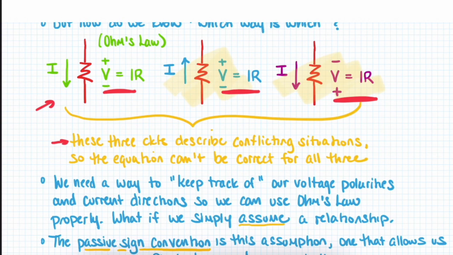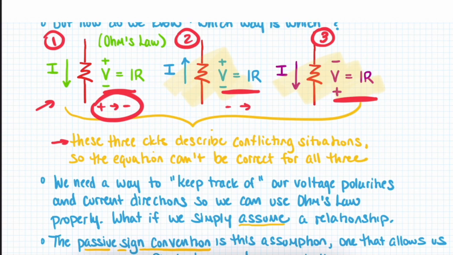Now the important thing to note here when we compare cases 1, 2, and 3 is not the absolute direction or polarities, but the relationships between them. You can see here in the first one, our current is flowing from the positive to the negative terminal.